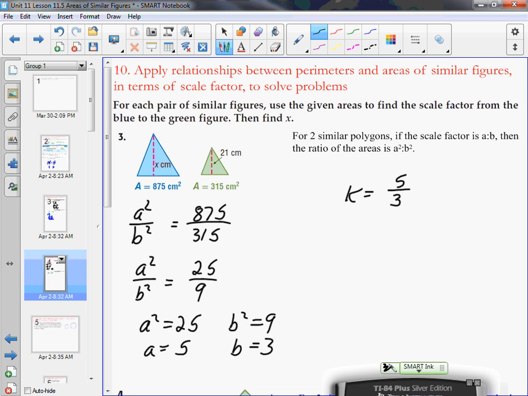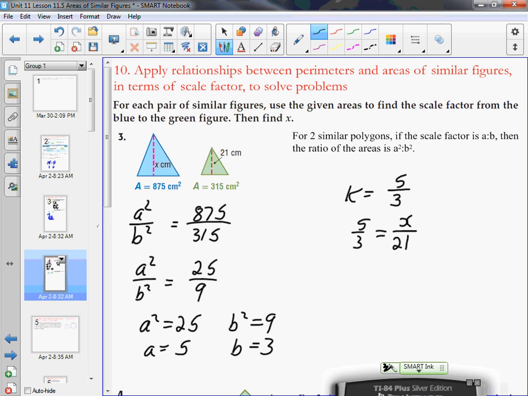And now that we know our scale factor is 5 to 3, we're supposed to find x. So 5 to 3 equals x to 21. Y'all following me? Okay.